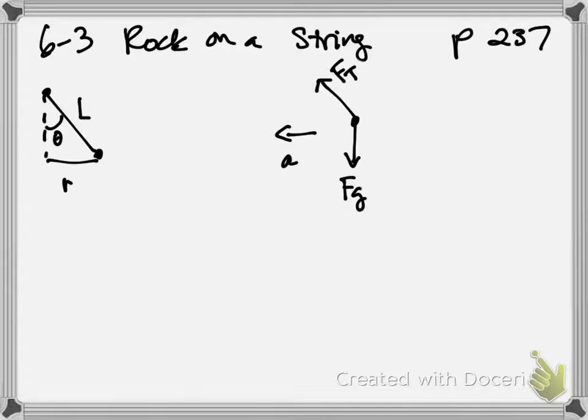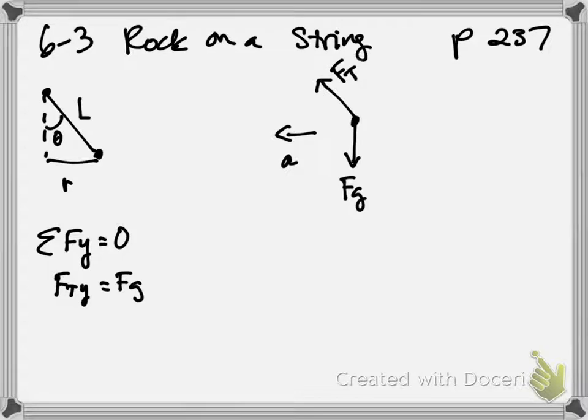Just like we did in Unit 2, every time we have a force free body diagram, well, what's next? The Newton's law formula. So I'm going to start with the y side for no particular reason. Well, no, there's a reason, because forces are balanced in the y direction. Everything up equals everything down. So we have the y component of the tension is equal to the gravitational force, or the weight.